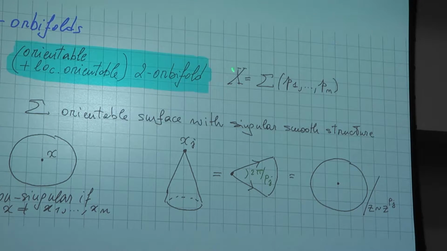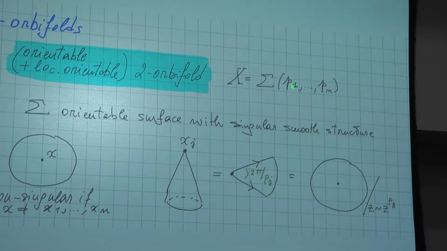A 2-orbifold X is an orientable surface sigma with a collection of integers, and this surface has a singular smooth structure, namely you have n special points. Away from the special points, you have the usual smooth structure given by R2.